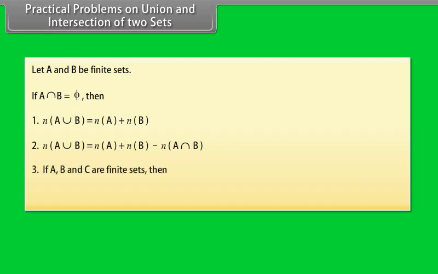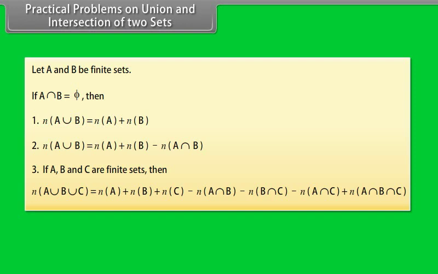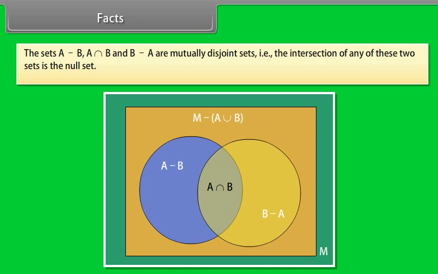If A, B and C are finite sets, then facts. The sets A minus B, A intersection B and B minus A are mutually disjoint sets. That is, the intersection of any two of these sets is the null set.